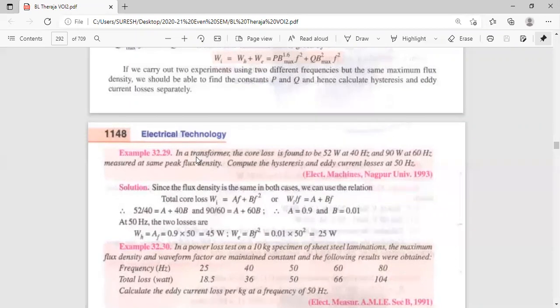Now take down a problem. In a transformer, the iron loss is found to be 52 watts at 40 hertz and 90 watts at 60 hertz. Calculate the hysteresis and eddy current loss at the same frequency. Take down the problem.